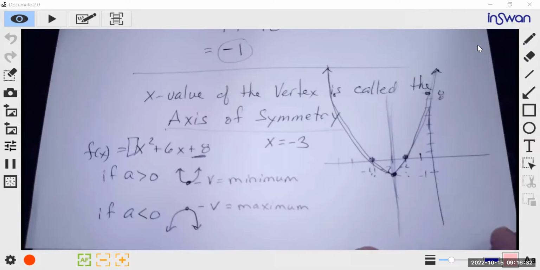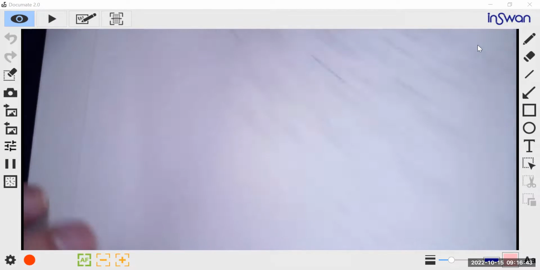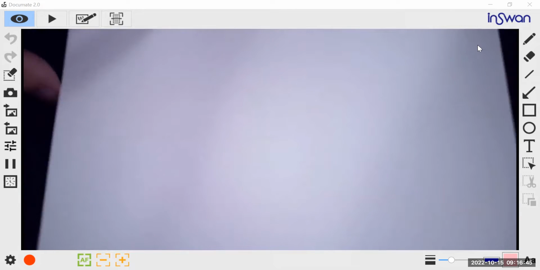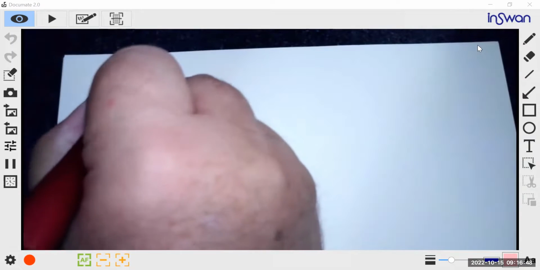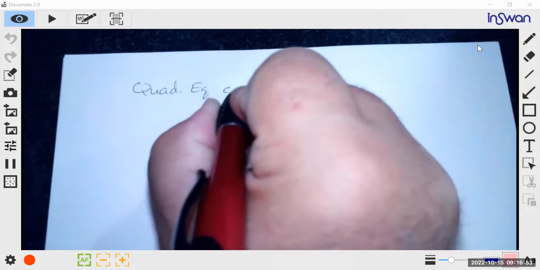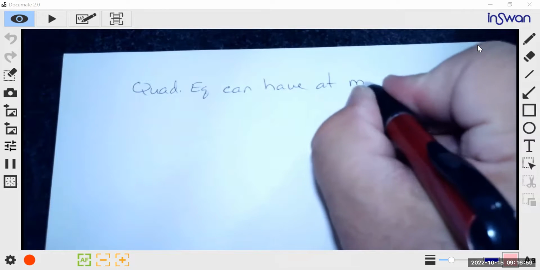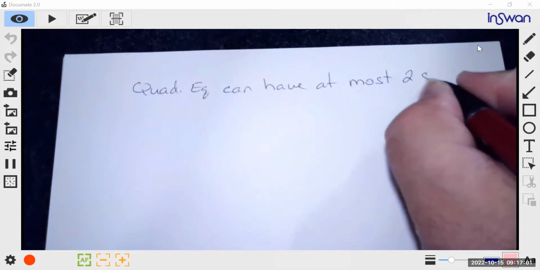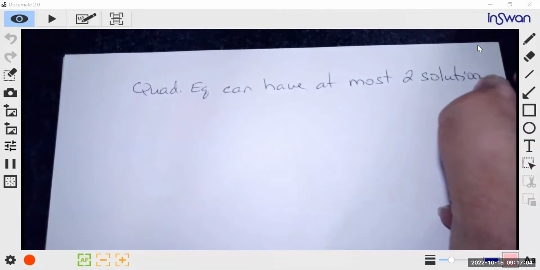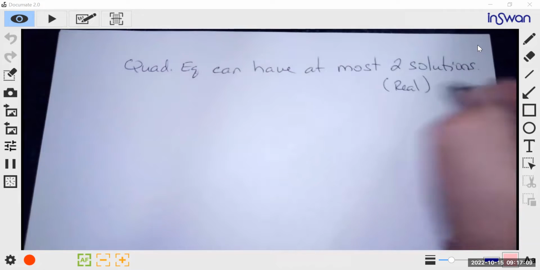Now, will we always have 3 or 2 solutions? No. Quadratic equations can have at most 2 real solutions.